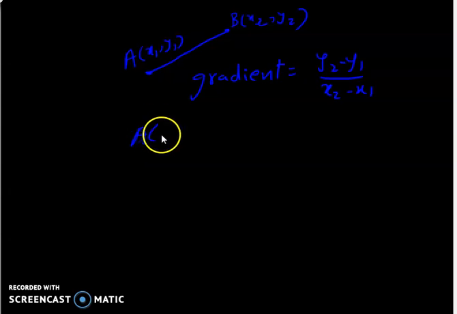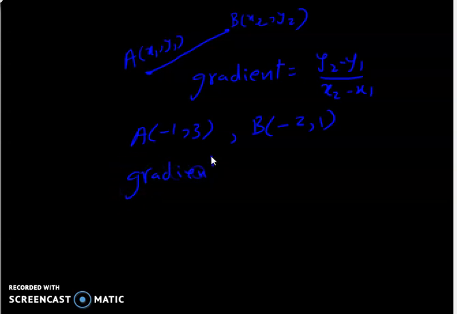Suppose the point A is minus 1, 3, and the point B is minus 2, 1. Then gradient will be equal to y2, which is 1 here, so it will be 1 minus y1, y1 is 3, so minus 3, over x2, which is minus 2, minus x1, which is minus 1.